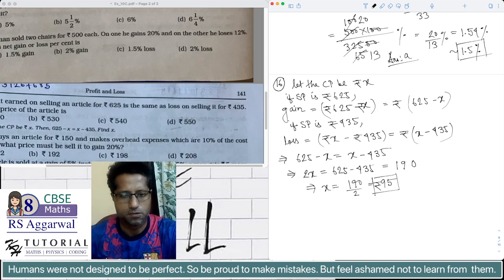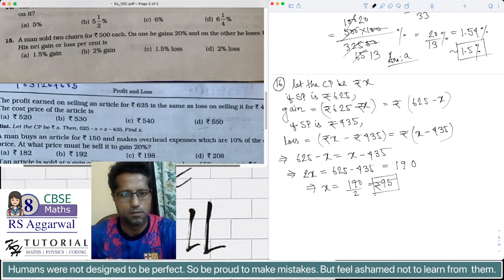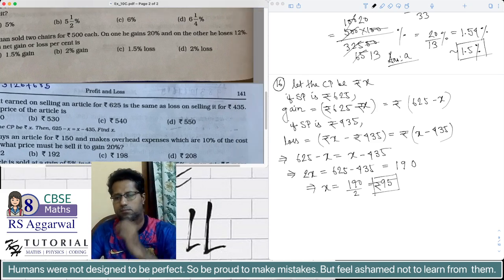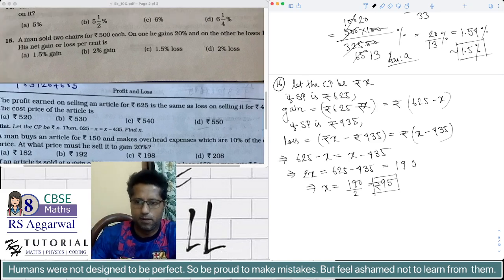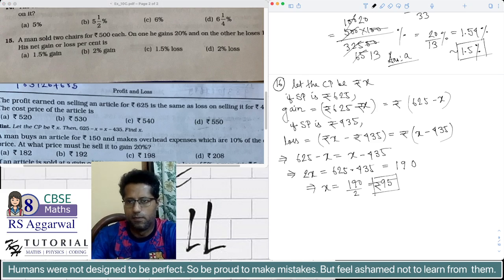What is the cost price of the article? We are having a very weird answer, because I made a mistake over here in solving the equation.